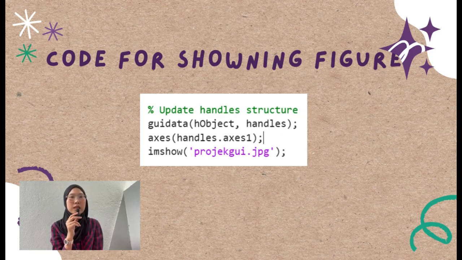In this case, it's in the component named axes1. Finally, imshow('projectGUI.jpg') displays the image file named projectGUI.jpg inside that area.